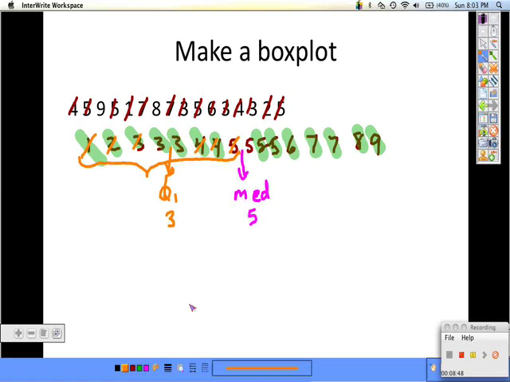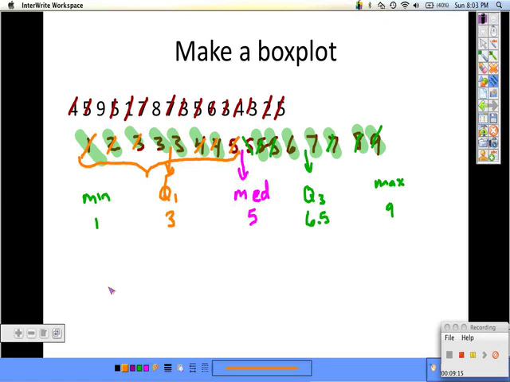And then I'm going to do the same thing with the upper half of data. Q3 is 6.5. And then I also have, as part of my 5-number summary, the minimum is 1 and the maximum is 9.